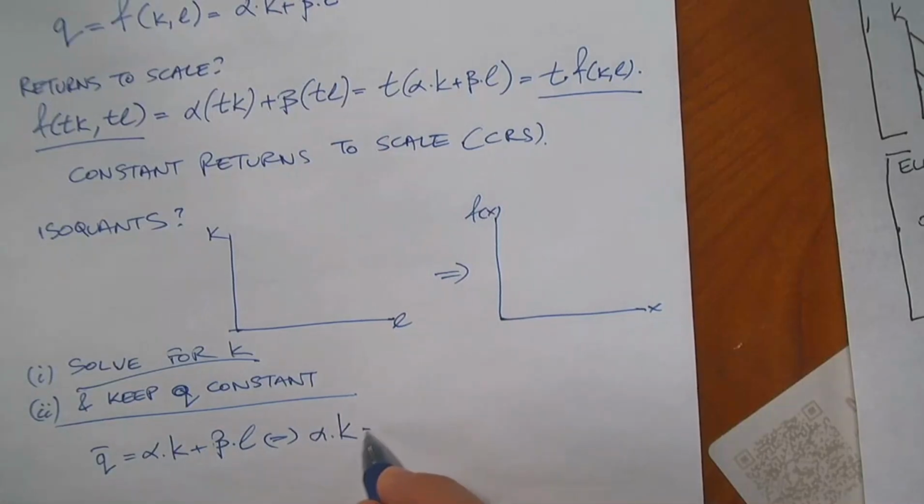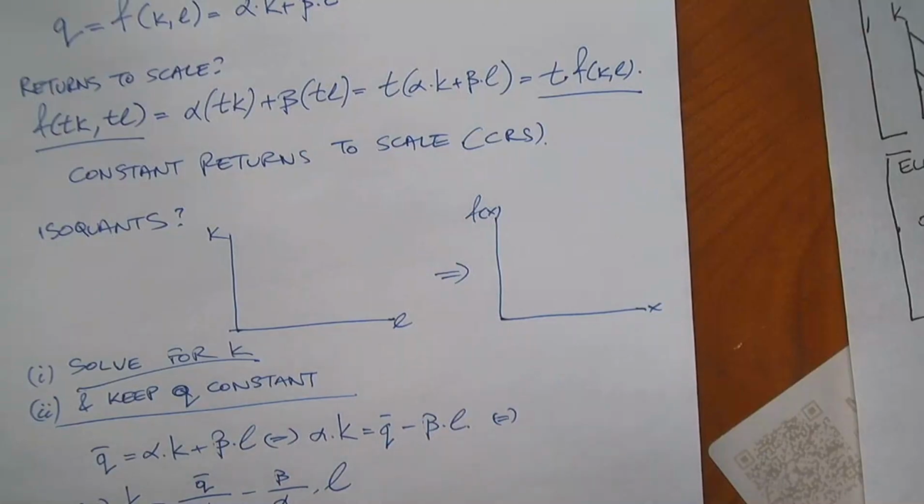Alpha times K is equal to Q minus beta times L. Divide both sides by alpha, assuming that alpha is different than 0, and you have K equal to Q bar divided by alpha minus beta over alpha times L. Okay, that means if you look at this line, it has an intercept and it also has a slope.